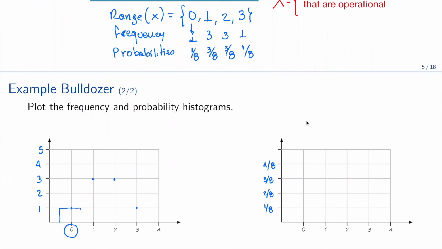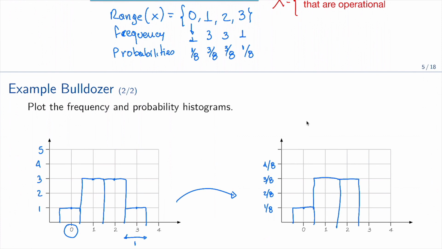So we select rectangles around the variables whose thickness is equal to 1, and to convert into a probability histogram we have to divide by the total number of outcomes, which is 8. So in the first case it will be 1/8, in the second case 3/8, in the variable 2 it will be 3/8, and in the variable 3 it will be 1/8.